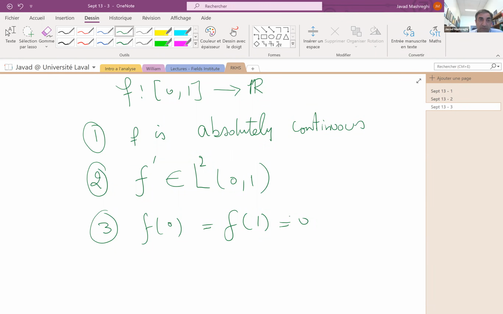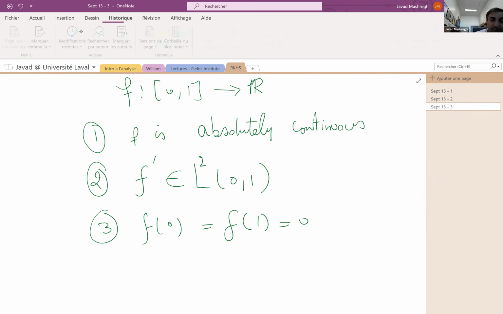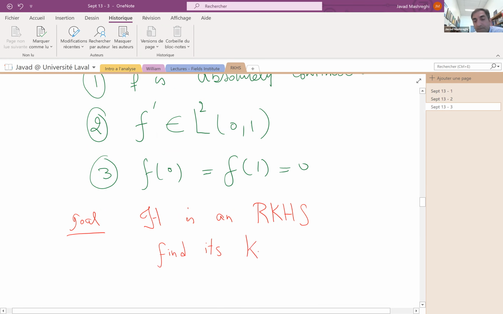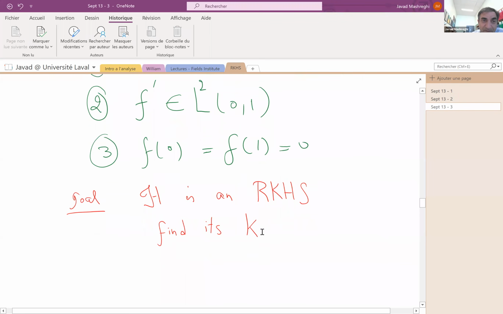And my goal: still, the inner product is not defined, but I can tell you what my final goal is. I want to show that H is an RKHS, and also find its kernel K. You will see it's a kind of difficult task.